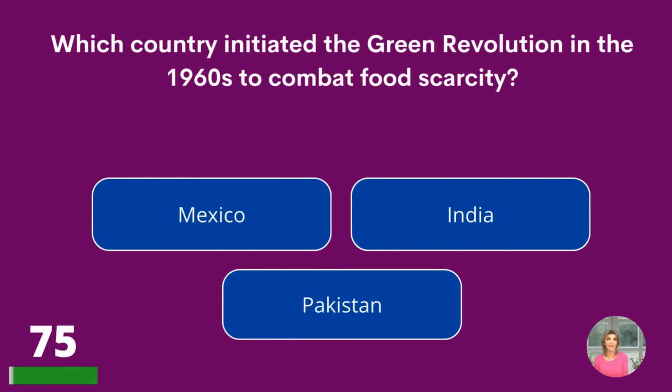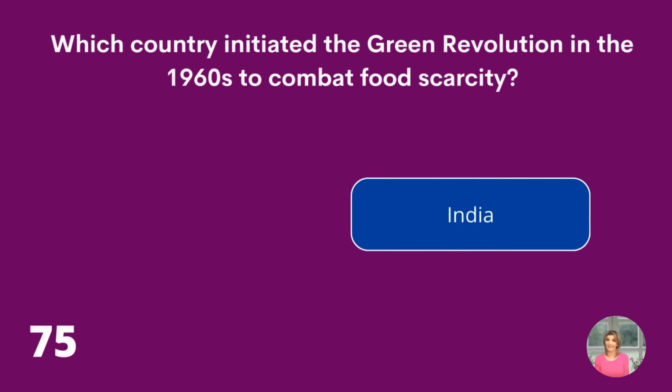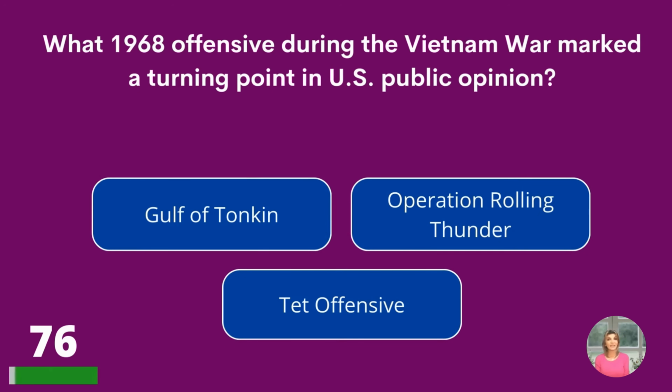Which country initiated the Green Revolution in the 60s to combat food scarcity? Mexico, India, or Pakistan? India. What 1968 offensive during the Vietnam War marked the turning point in U.S. public opinion?